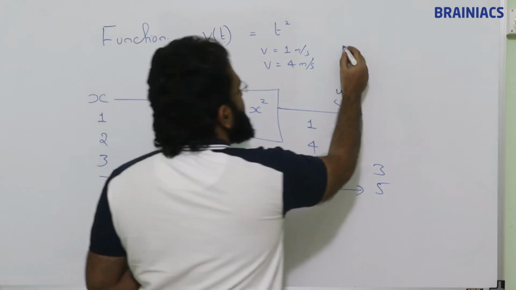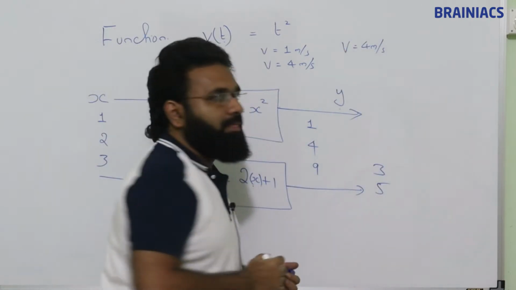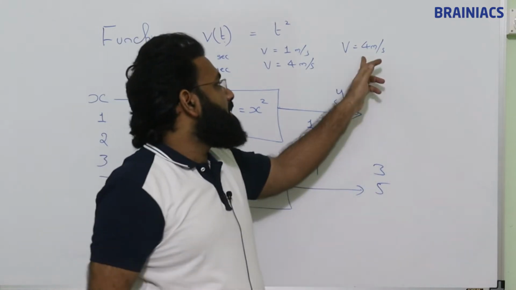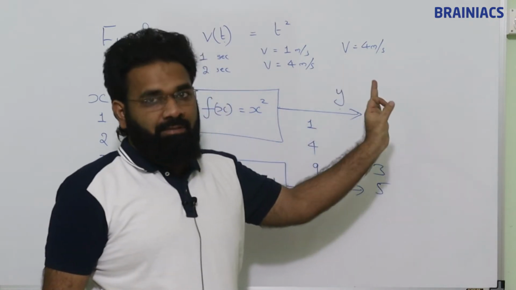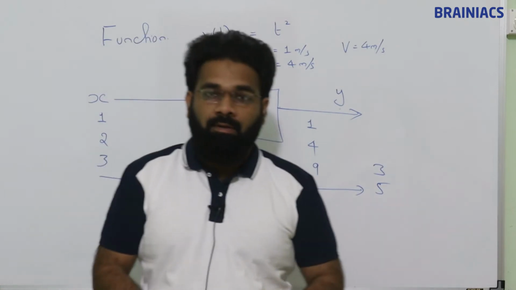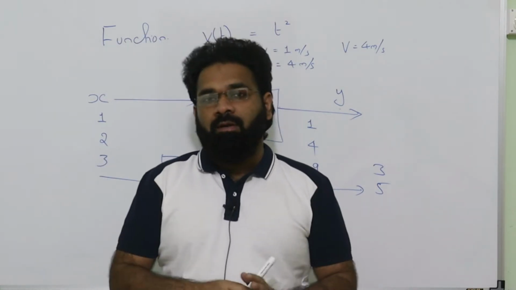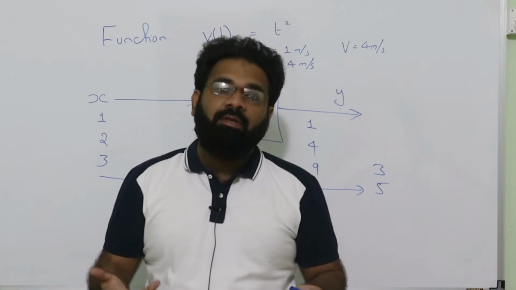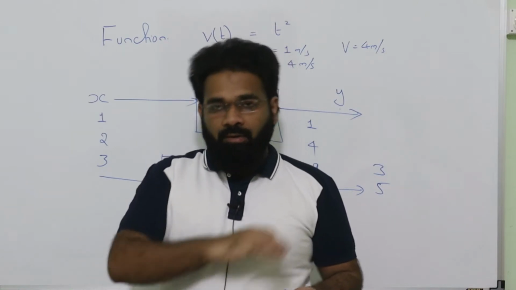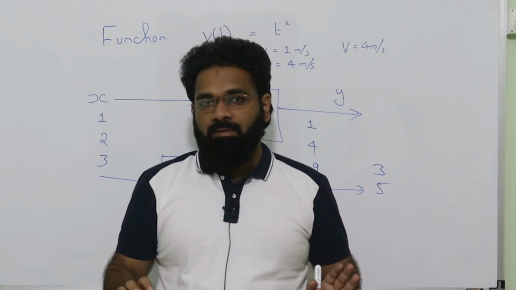Suppose velocity v is equal to 4 meter per second, then this 4 doesn't have any t. That means this velocity is constant. Whatever time we give, 1 second or 2 seconds or 3 seconds, at all times the value of velocity is constant.